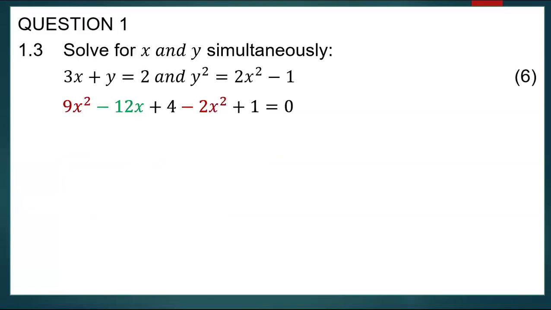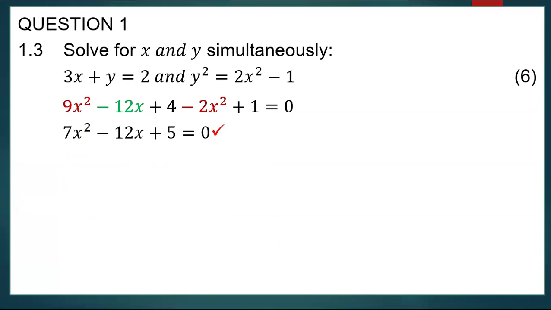Once I've got that, I will have to factorize. Looking at the first term, the last term and the middle term, the last term is positive. So I need the factors of the first term and the last term. When I've multiplied their products and added them, they need to give me minus 12.